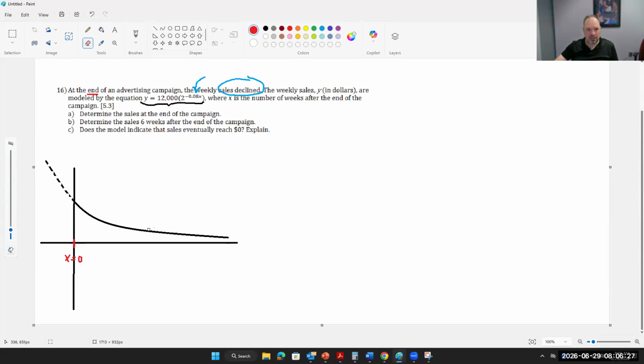We're interested in just this side, okay? So with that said, hopefully that sets the stage a little bit. It says determine the sales at the end of the campaign.